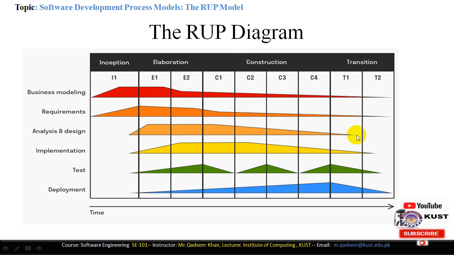But you can see the analysis and design is largely completed here, so it means we will do some part of the analysis and design, not complete analysis and design. We will also do some implementation, some acceptance testing by the customers, and also the deployment, which means practically installing the product on the customer environment.